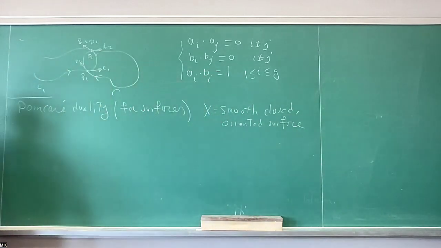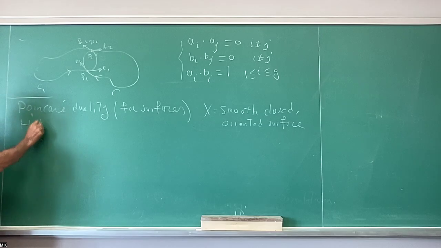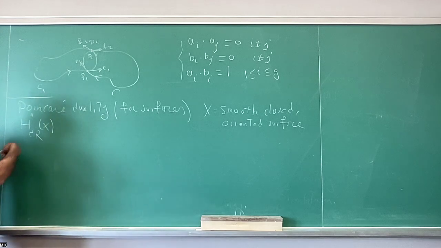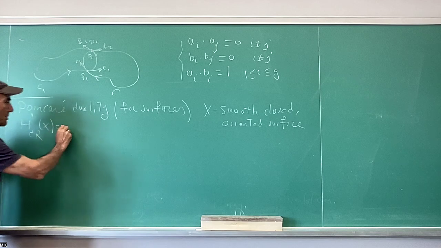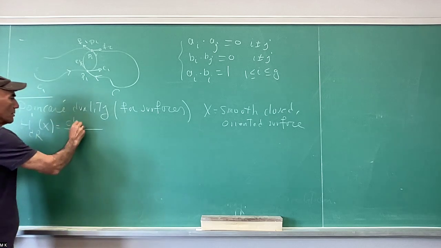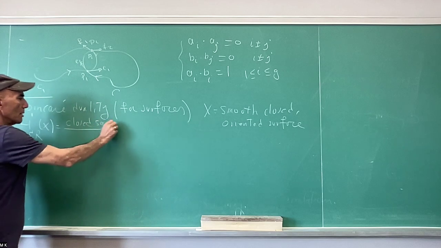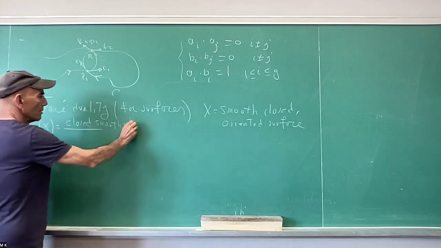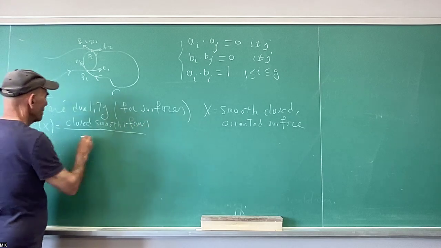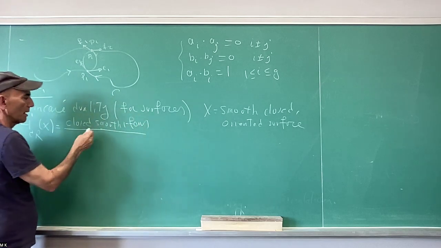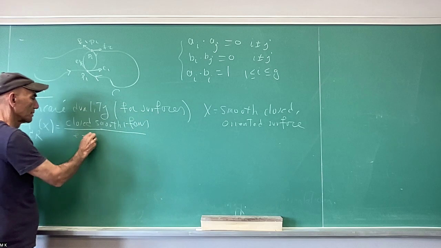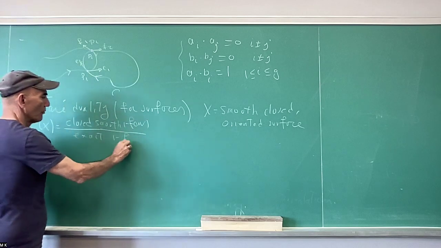You remember we defined the de Rham group H1 de Rham of X. We defined it to be the space of closed smooth one forms divided by exact one forms.